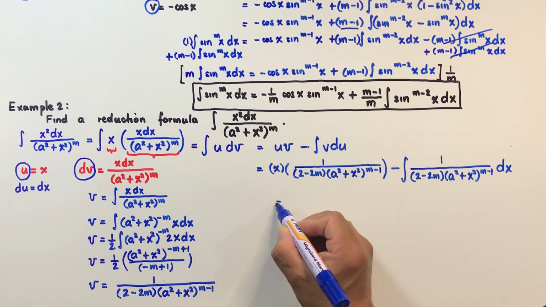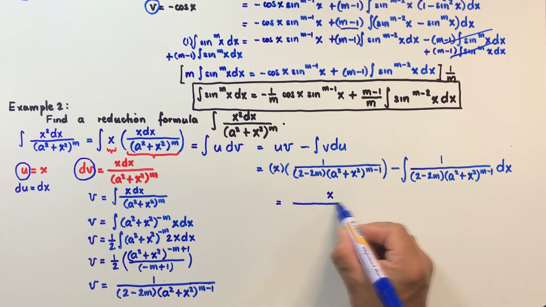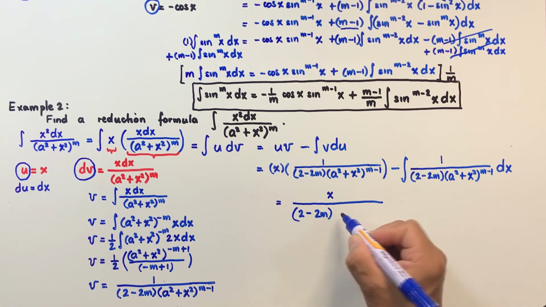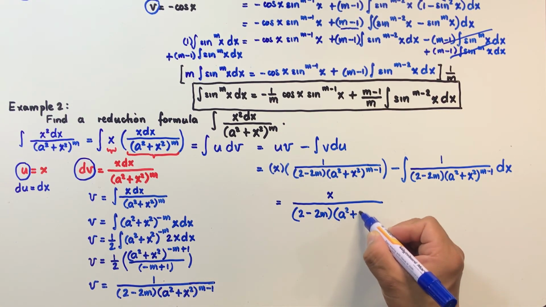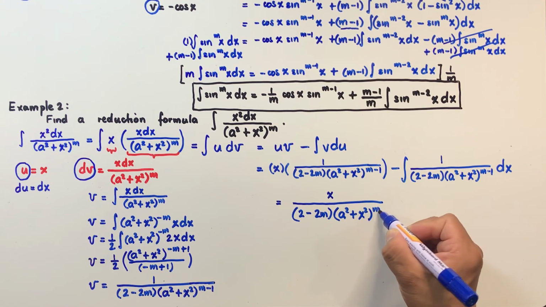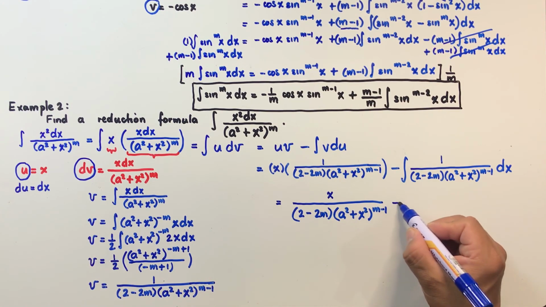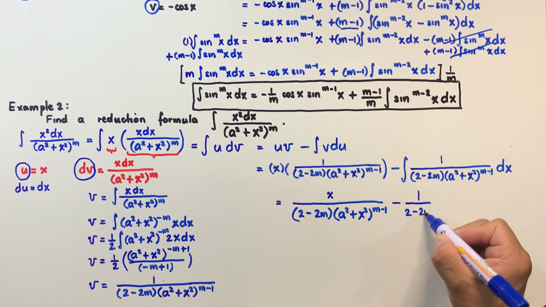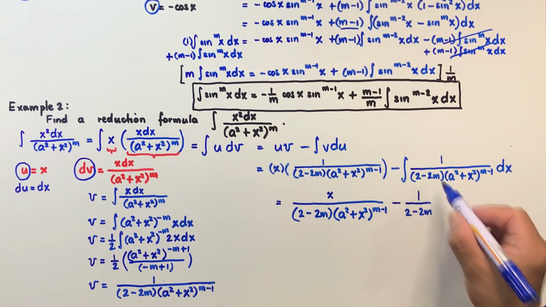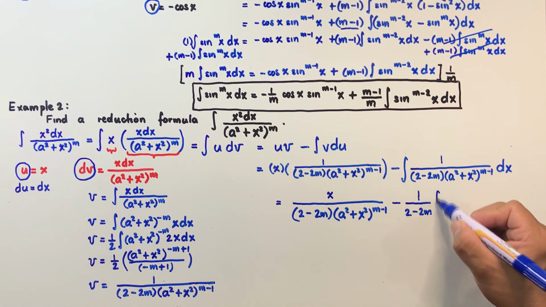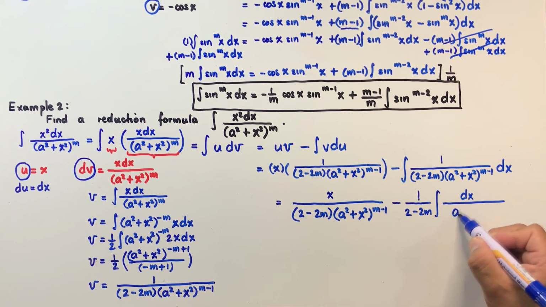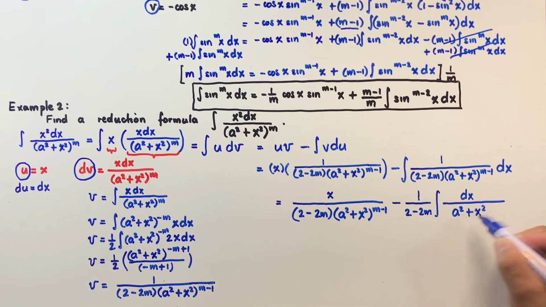So simplifying our answer, we have x over 2 minus 2m times a squared plus x squared to the power m minus 1. And this will be subtracted by 1 over 2 minus 2m, because this 2 minus 2m is a constant here. And this will be multiplied by the integral of dx over a squared plus x squared to the power m minus 1.